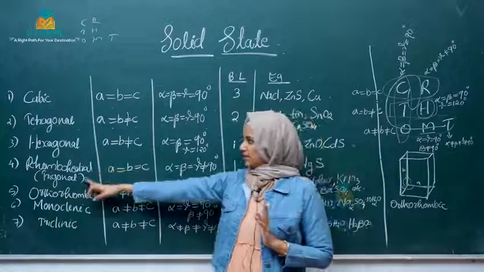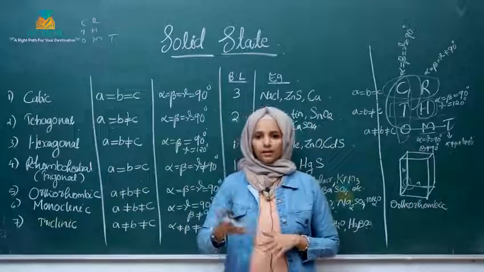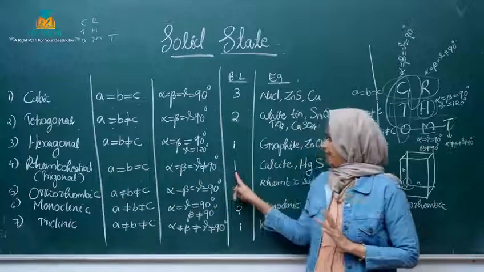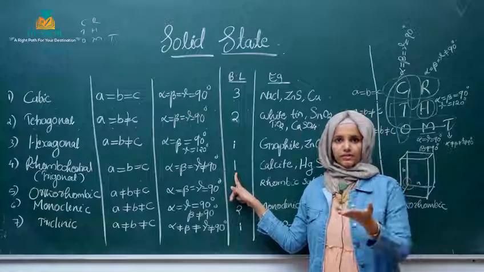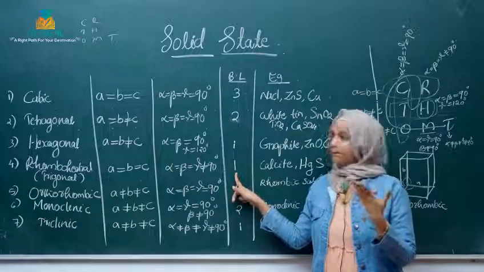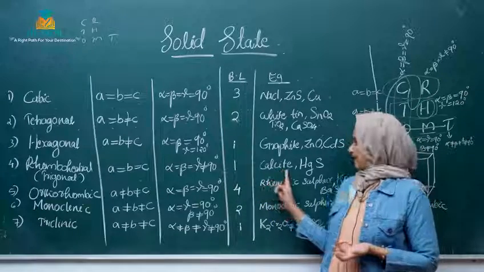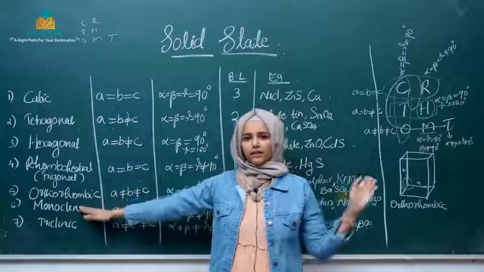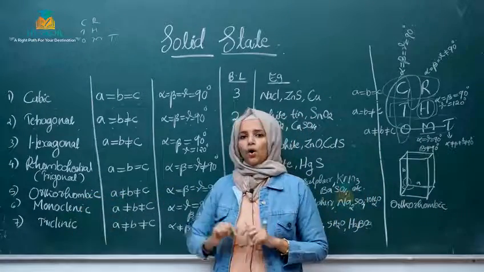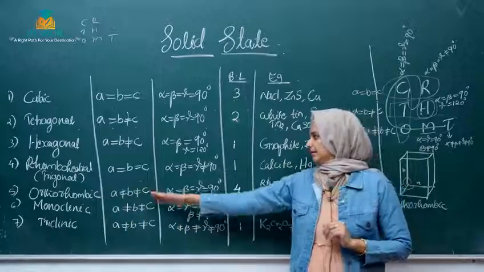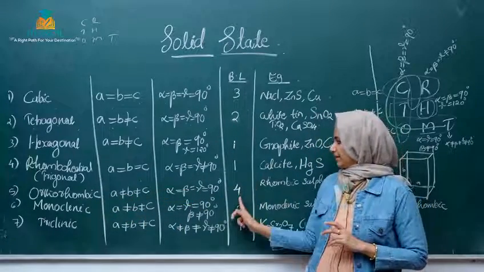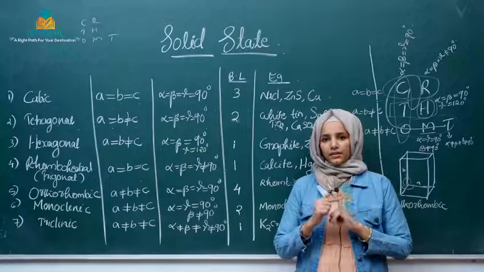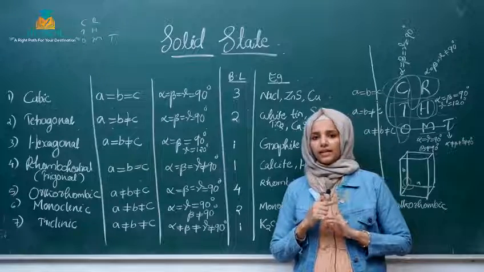Then the fourth one is rhombohedral, otherwise known as trigonal. So for the rhombohedral system, sides and angles are discussed. Then we have only one Bravais lattice, which is primitive. Examples are calcite, cinnabar, that is HgS, etc. Then the fifth one, orthorhombic, the structure of a matchbox we discussed. In the orthorhombic system we have all 4 types of unit cell, which we discussed in our last class: primitive, face centered, body centered and end centered.